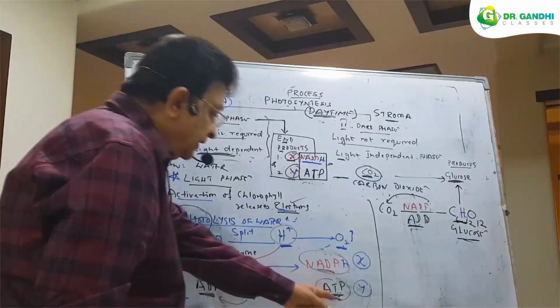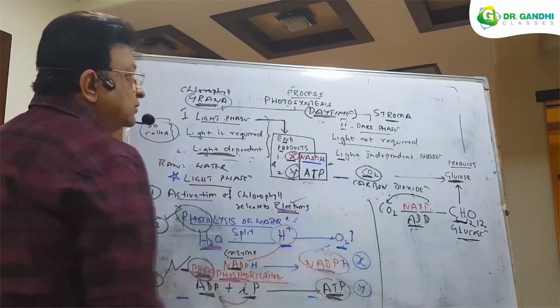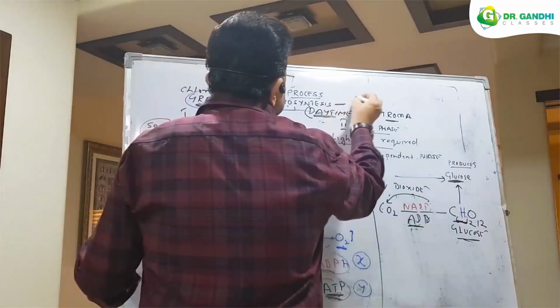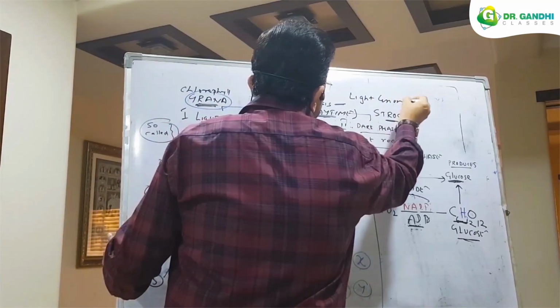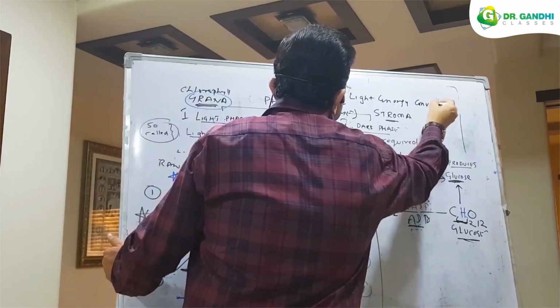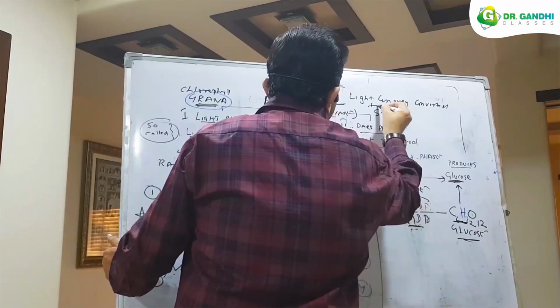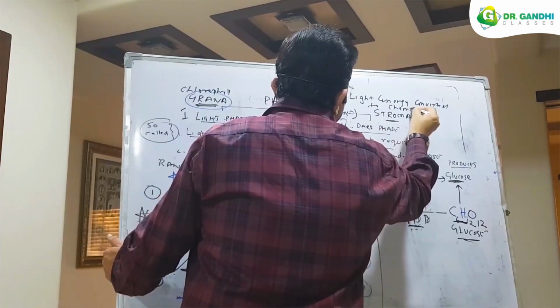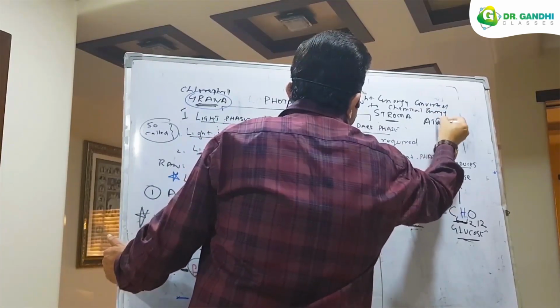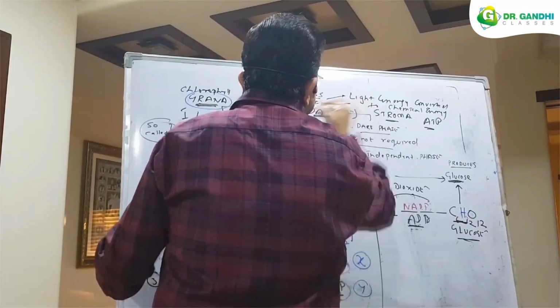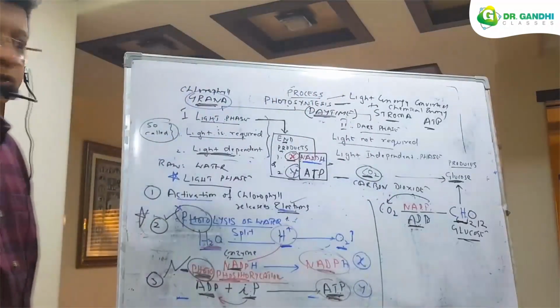Because if there is no chemical energy, the reaction would not occur. So in photosynthesis, light energy is converted to chemical energy. And what is that chemical energy? We all know. ATP, the basic concept of photosynthesis.